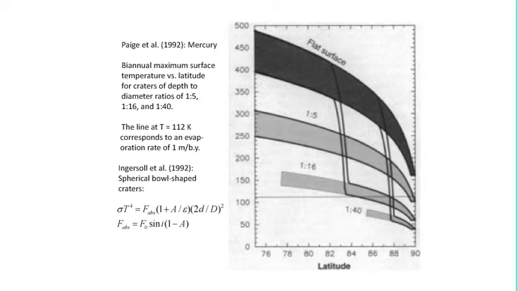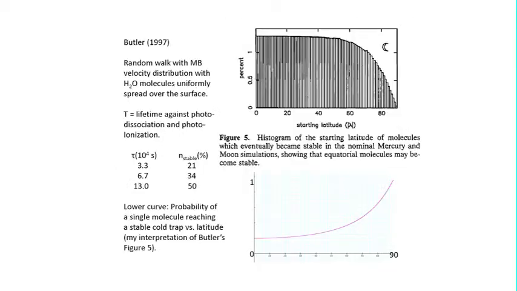Okay, now, the next person who came along, also in the 1990s, was Brian Butler. He said, well, let's ask, if you release a molecule at an arbitrary point on the surface, how many molecules will make it to the cold traps?